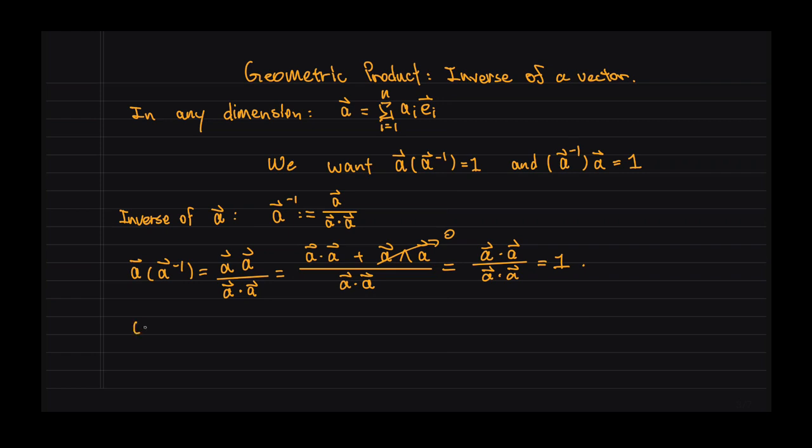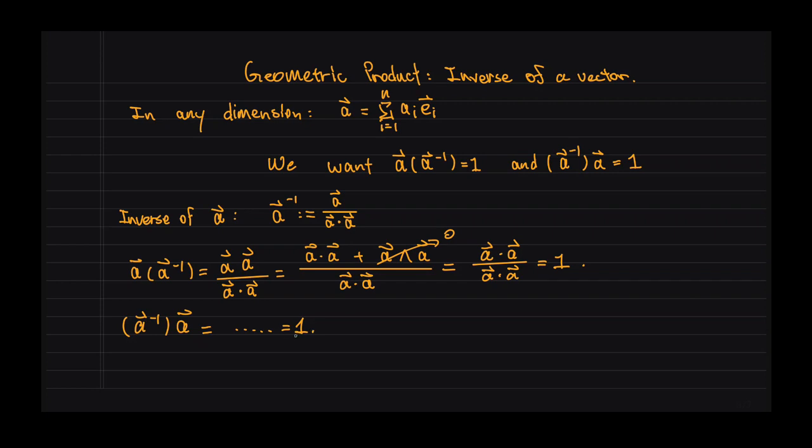And it will be exactly the same for the inverse of vector a geometric product with vector a: basically the same calculation, and equal to 1.